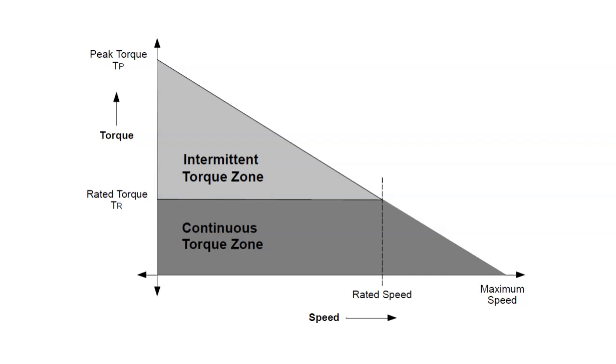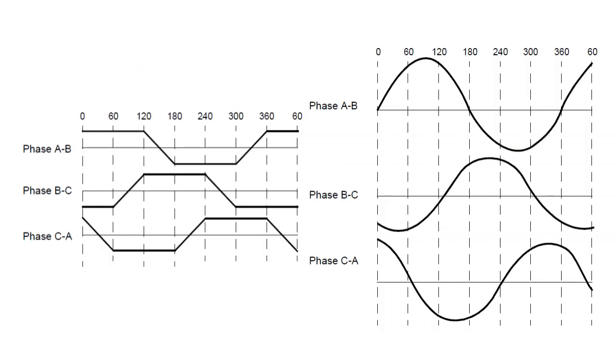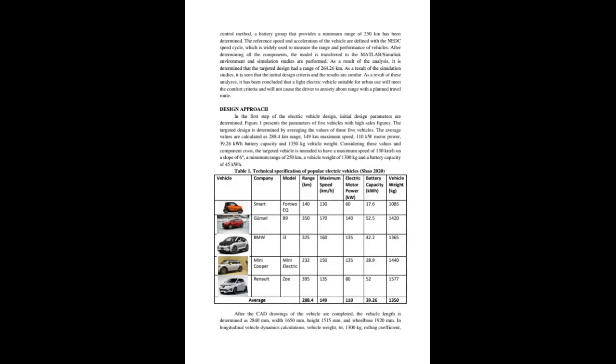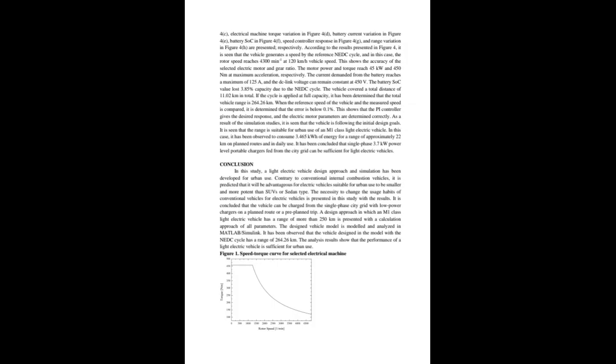Okay. Now, this is a typical electric vehicle design approach. I want to show you motor selection criteria. At the bottom of the page, you will see, I hope, the speed torque curve for the selected electrical machine.